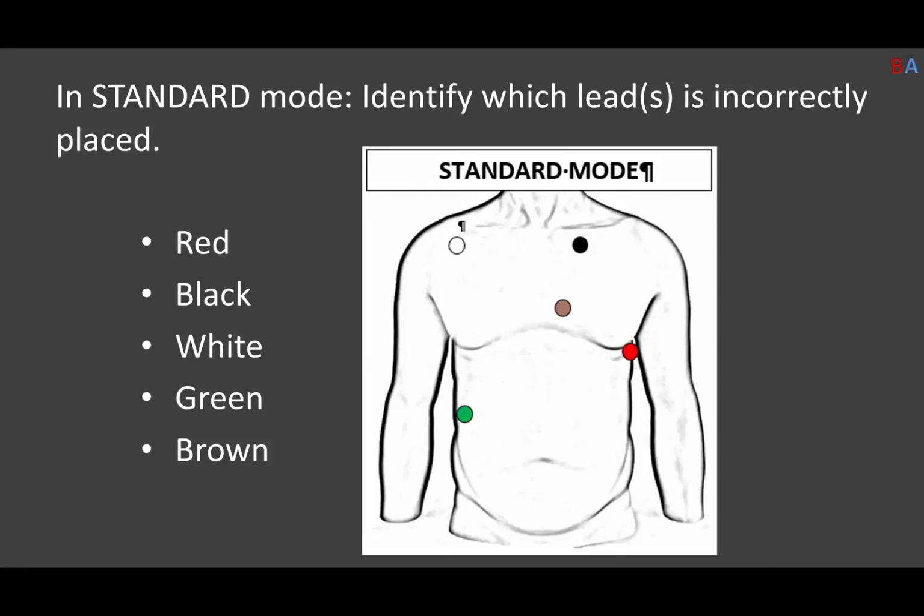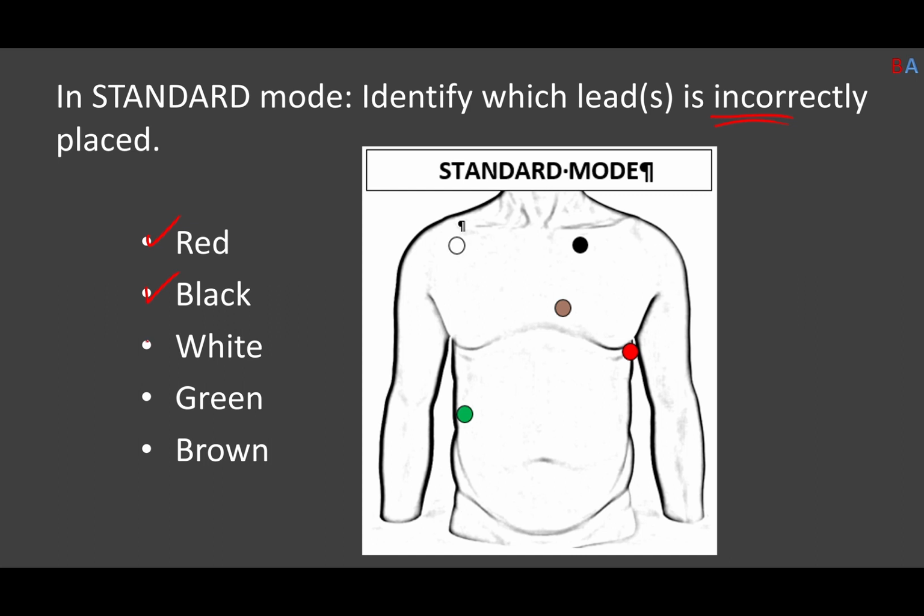In standard mode, identify which lead or leads is incorrectly placed. So which ones are not where they belong. And if we just walk through these, for standard mode, that red one is way too high, it needs to be lower on the same level as the green one. Your black one needs to be moved over to the patient's left shoulder a little further out, similar to the way the white one is.